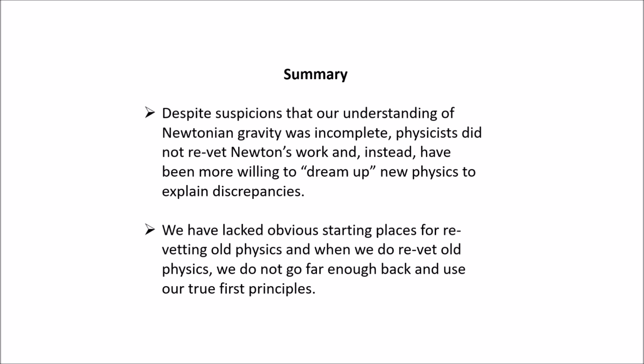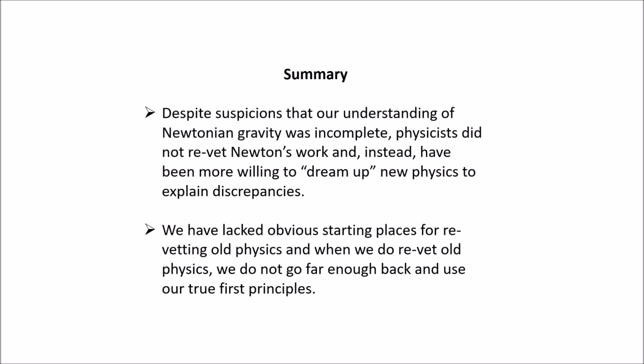So what do we have? We've had suspicions that there may be something wrong with Newtonian gravity, but we didn't go back and revet it. We dreamed up new physics, like general relativity. And because some of the results using general relativity were close to what we needed to explain the discrepancies away from the inverse square law, we didn't look further.